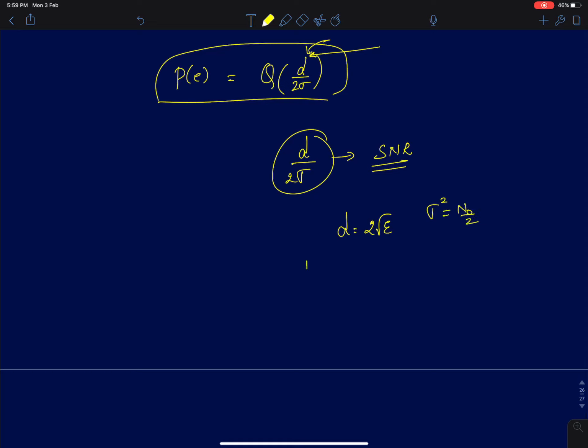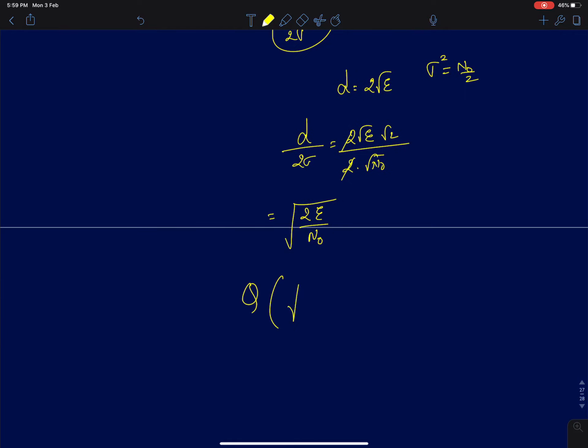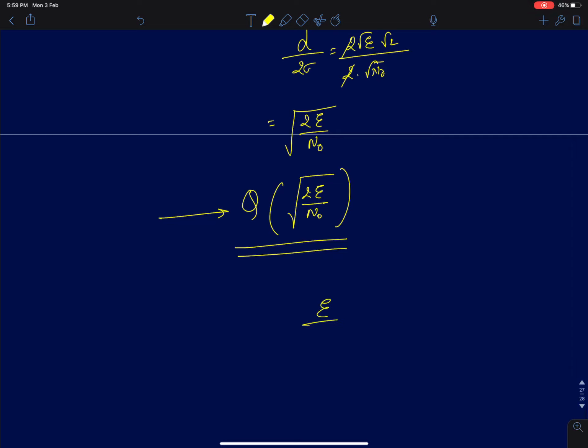If I take d by 2 sigma, this will be 2 root E upon 2 into root of N naught into root 2. So you will be left with root of 2E by N naught. So this will be your Q of root of 2E by N naught, your probability of error.